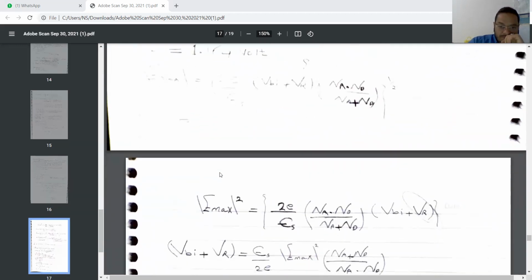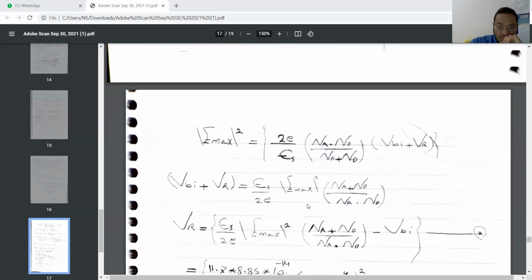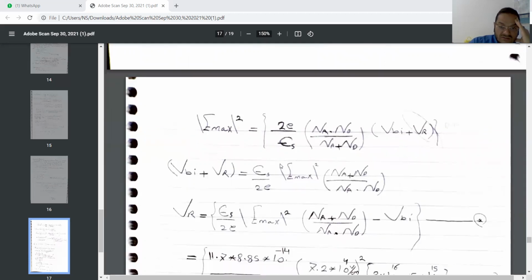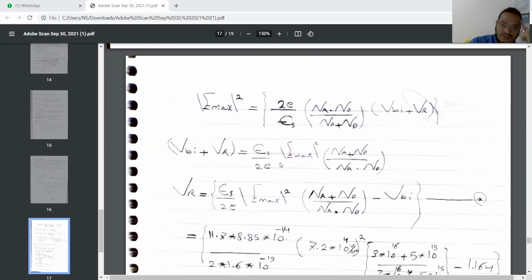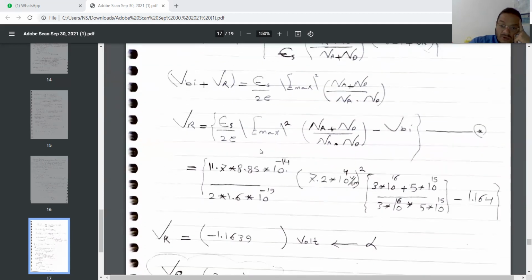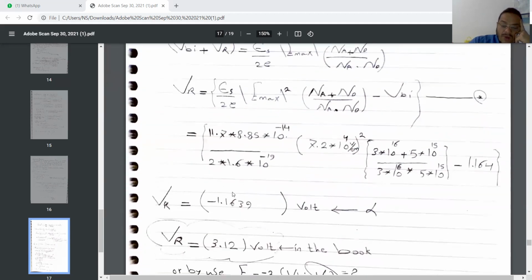After that, I tried to use equation 7.36 to calculate the last result for VR.